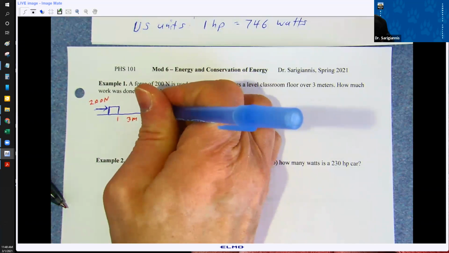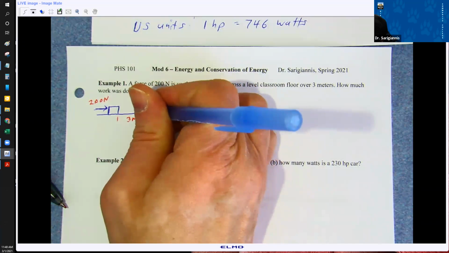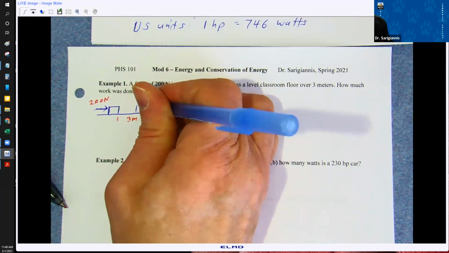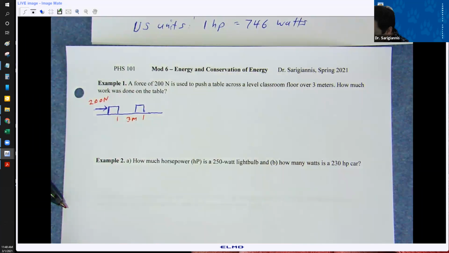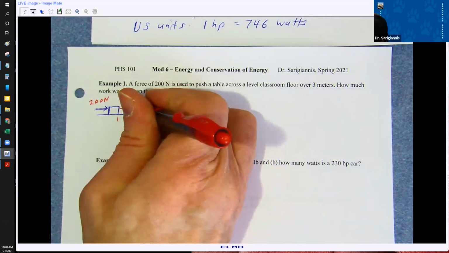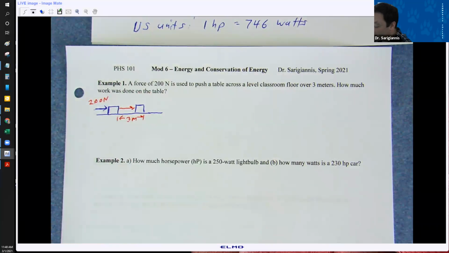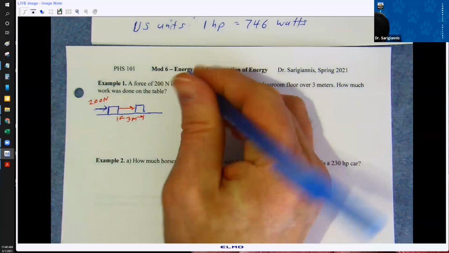I'll draw another table over here. How much work was done on the table?